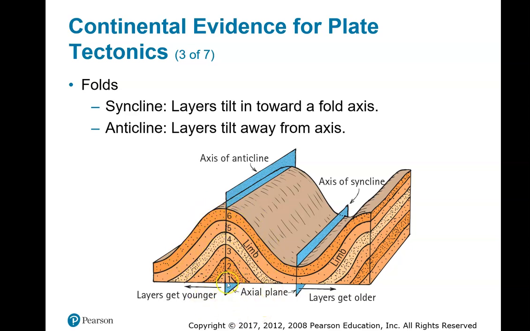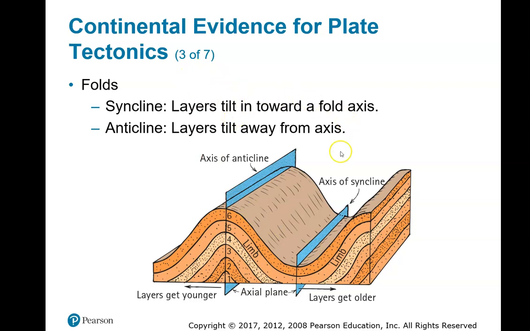The center would be the oldest rock. Layer number 1 would be the oldest rock. And for the syncline, if you think about a circle going around this thing, the center of the circle is right at number 6 here, the top layer, which is the youngest layer. So that's the way to remember this stuff.